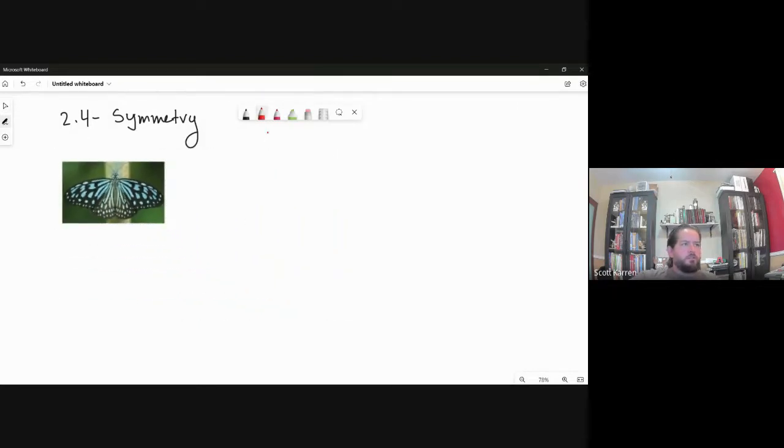And symmetry is simply if I cut this butterfly in half, what is on the right-hand side looks like it was folded over and imprinted on the left-hand side. There are imperfections because it's nature, but symmetry is simply the right-hand side being a mirror image of the left-hand side.